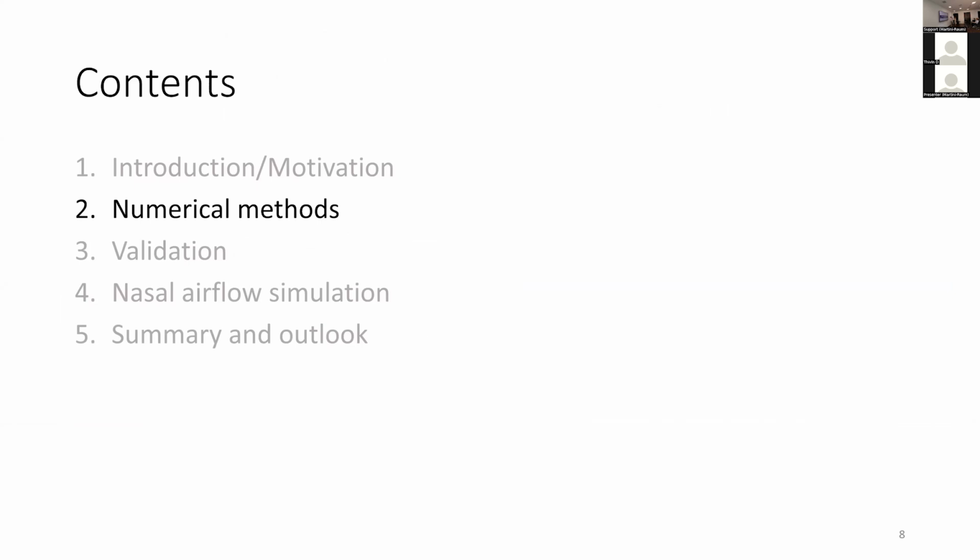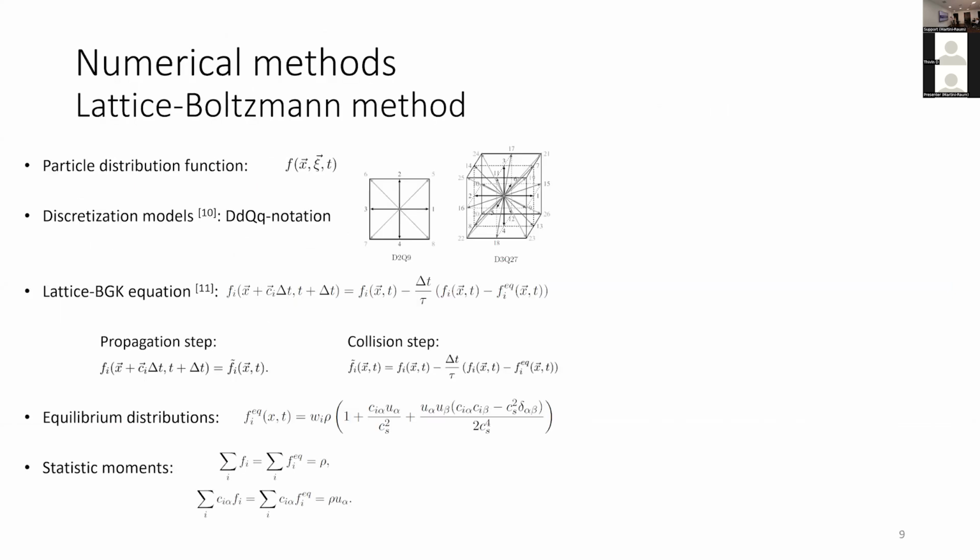Okay, how was this realized numerically? We use the lattice-Boltzmann code, as I mentioned before. These are the basic equations for the normal lattice-Boltzmann code. We have the particle distribution functions and the discretization models for 3 dimensions. I just showed this to show the difference of these notations, but we use the 3-dimensional model with 26 potential streaming directions.